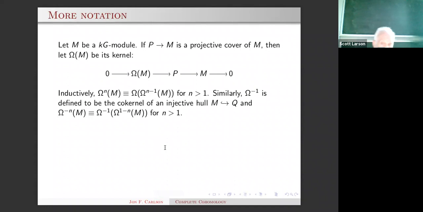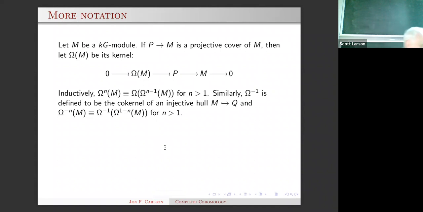The point is that we can do this in the opposite direction. We'll take omega inverse to be the cokernel of an injective hull. Take M into Q, an injective hull. Again, you can iterate this process so that I can define omega minus n.